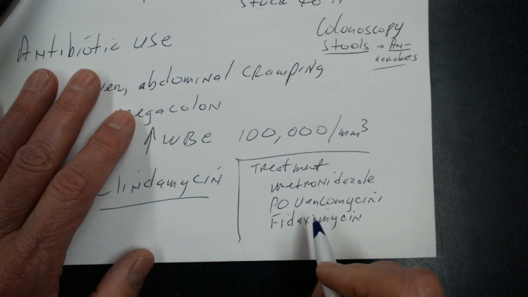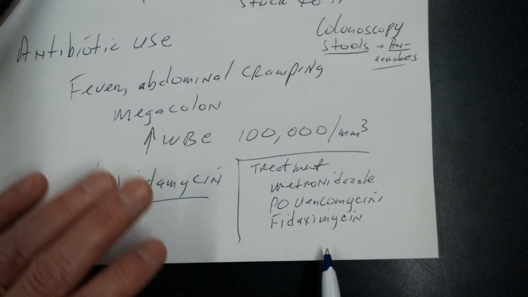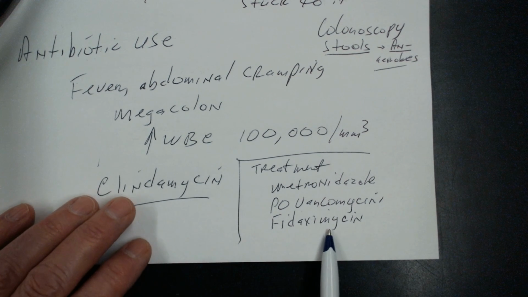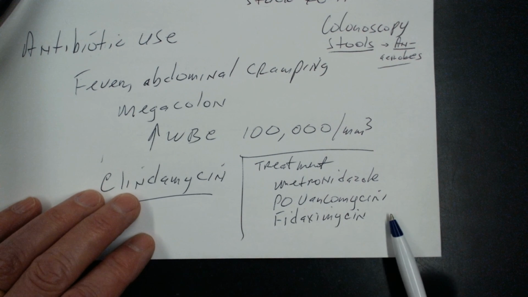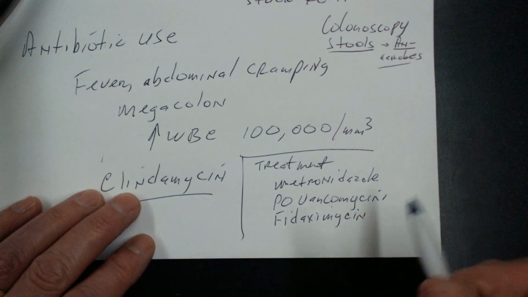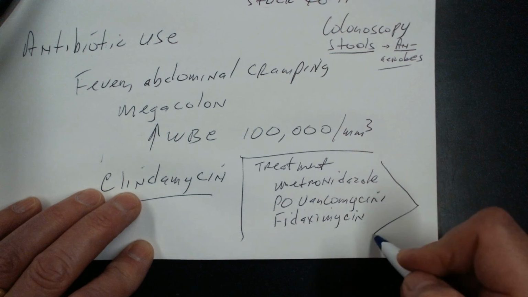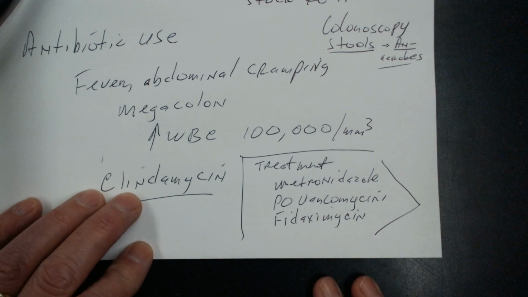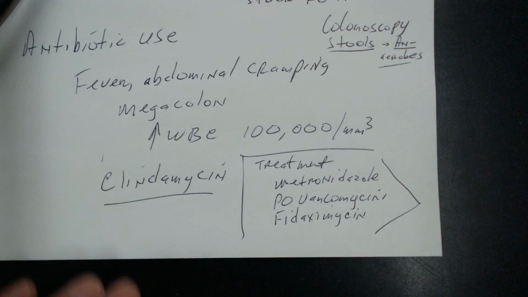This is a non-absorbable macrolide that goes through the GI tract and basically kills everything in its sight. So these are kind of your three options for treatment of Clostridium difficile.